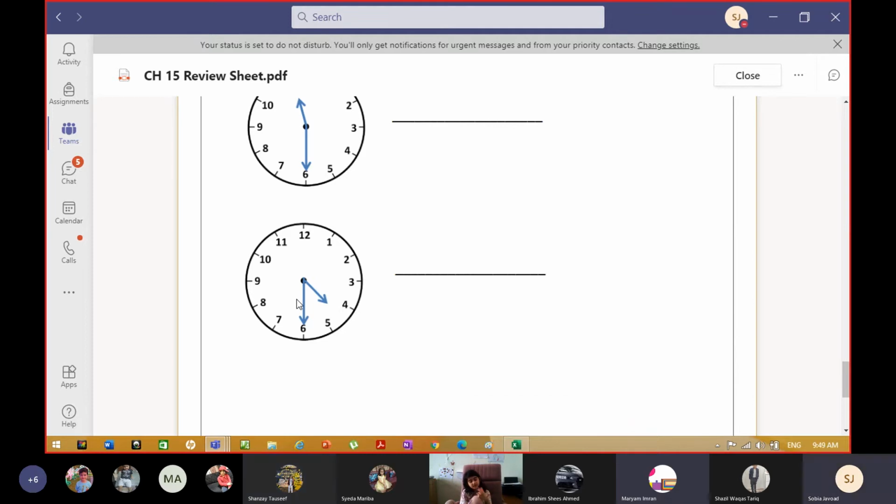5 o'clock. No, look at the clock carefully. 6 o'clock. How? Is this 6 o'clock? I told you that always look at the short hand. So where is it? It is after, near 4. After 4.